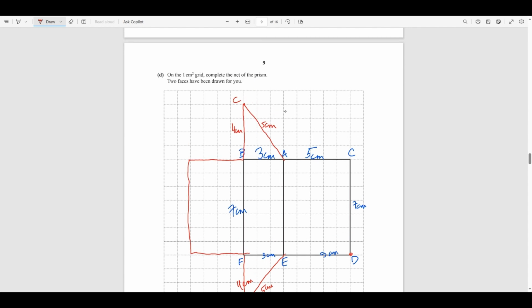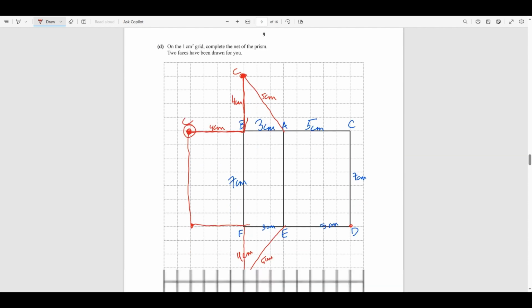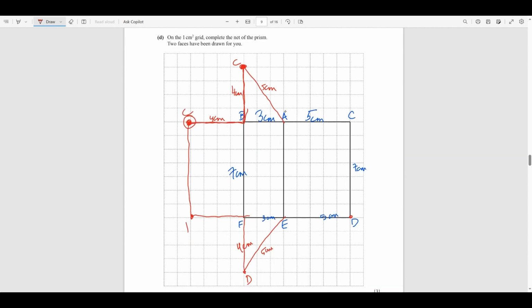And it will be C again because when you try to fold it, this line and this line will be joined together. So if this C is 4 units away from B, then this C also has to be 4 centimeters away from B, otherwise these two lines wouldn't meet, right? So this point again has to be the same as this point D, right? Otherwise this DF here and this DF would not coincide, right? So I think we are done with the net.